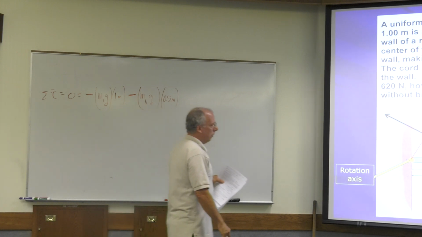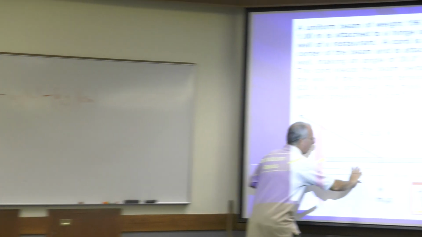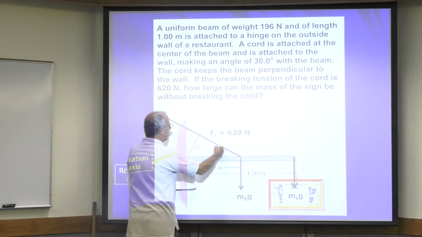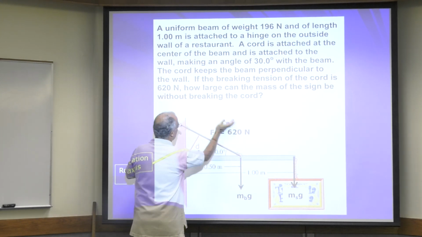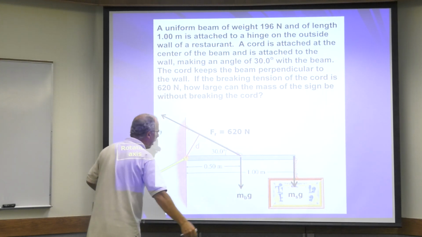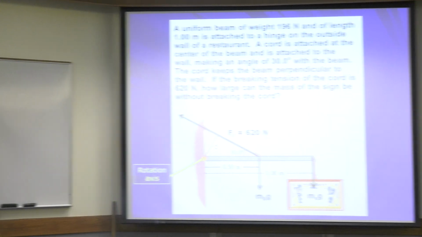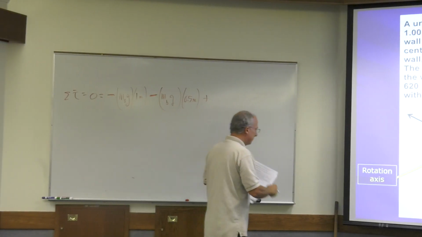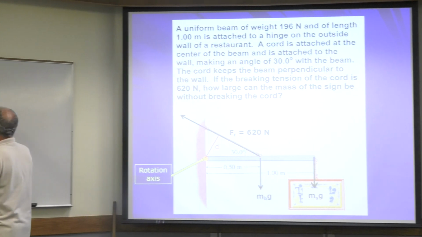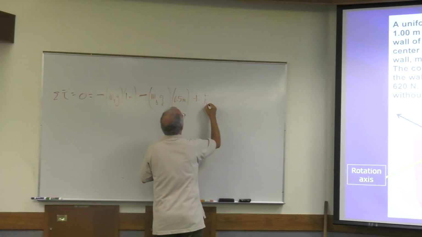All right, now we're left with the rope. Okay, so ignore that, ignore that. This is the axis. You're pulling this way. What's it going to do to the beam? Counterclockwise or clockwise? Counterclockwise, so put a plus. All right, so it's the force, I'll just say F_R, lazy.